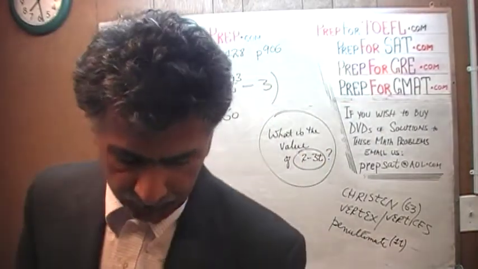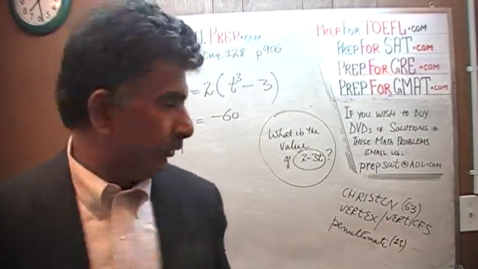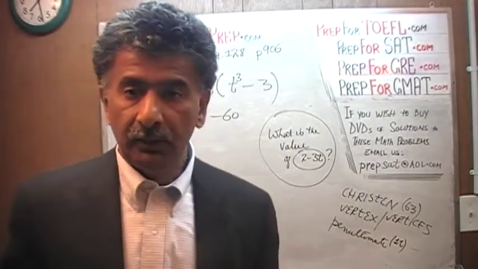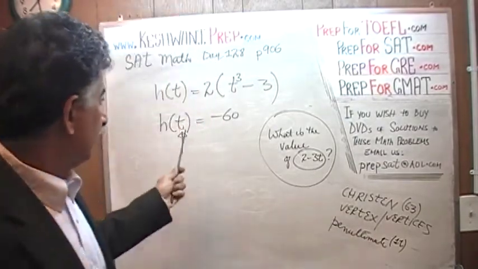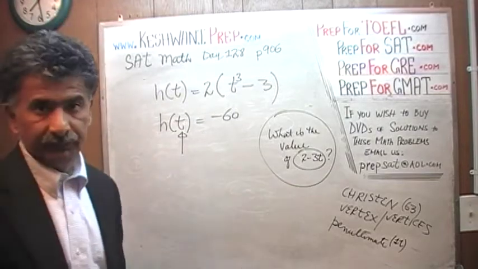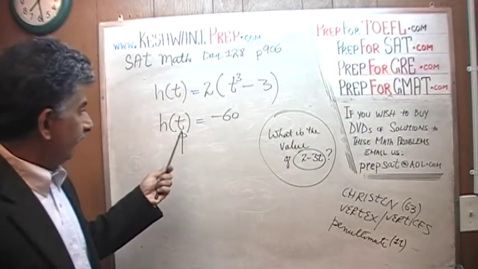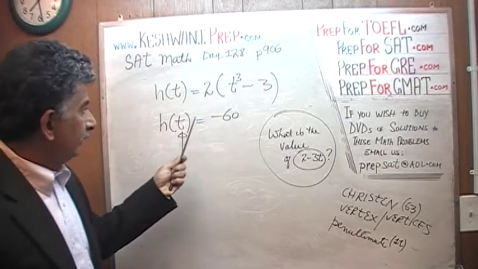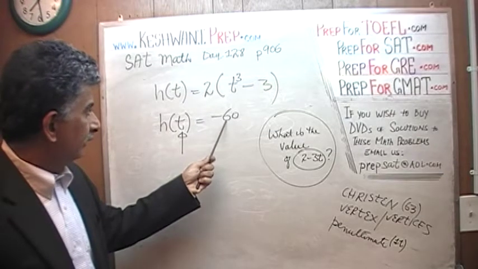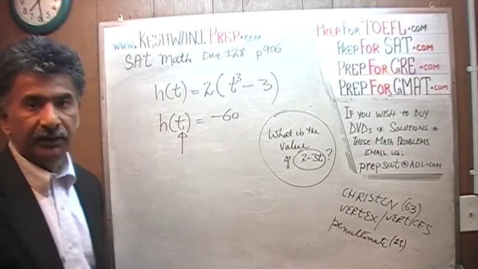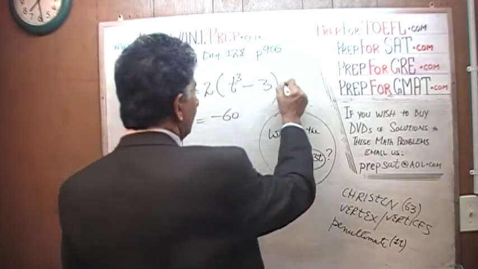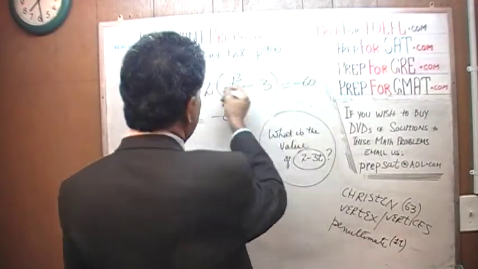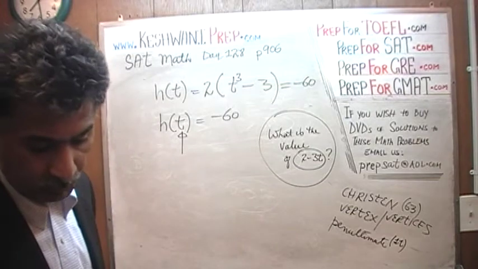But let's not worry about trying to figure out what 2 minus 3t is. In order for us to answer that question, we first have to find out what the value of t is. If the value of the function is negative 60, then what must be the value of t? Well, if this guy is equal to negative 60, what must be the value of t that will hold this equation?